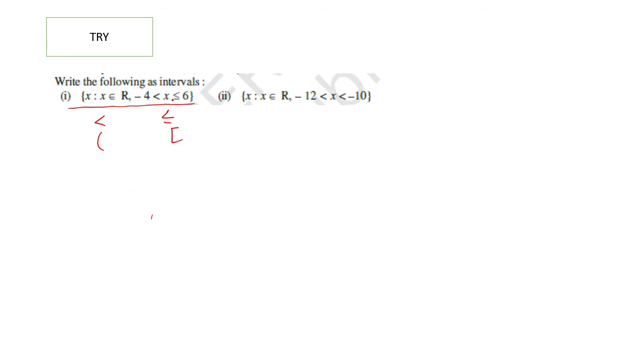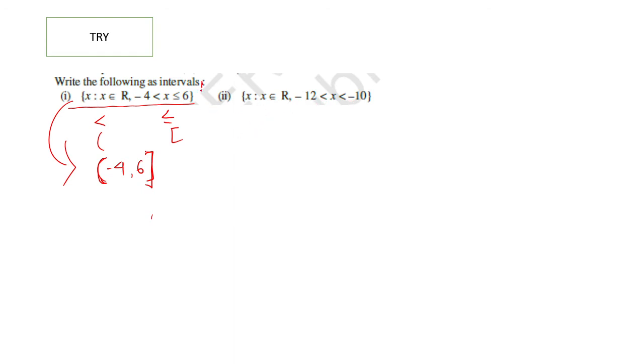So I have written this. If you convert to interval, it will look like this: (-4, 6]. Here there is no equal sign, only less than, so I have written only the small bracket. Here the equal sign is also there, so I have written the closed bracket.